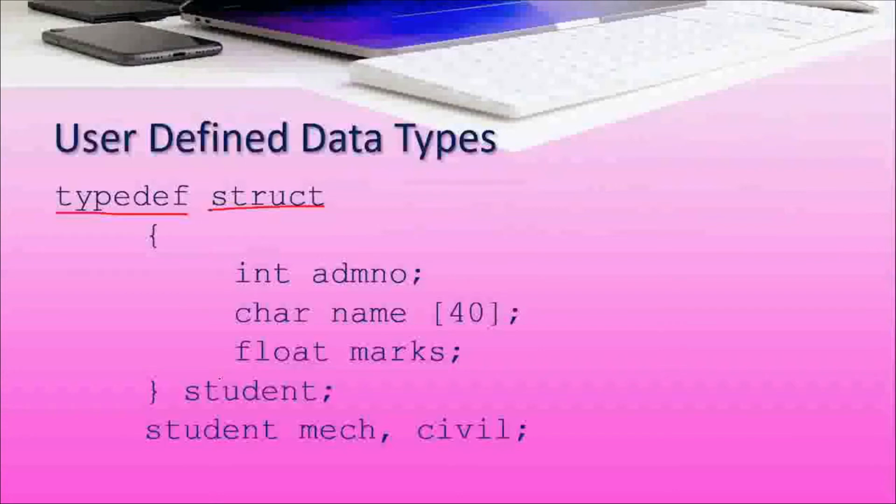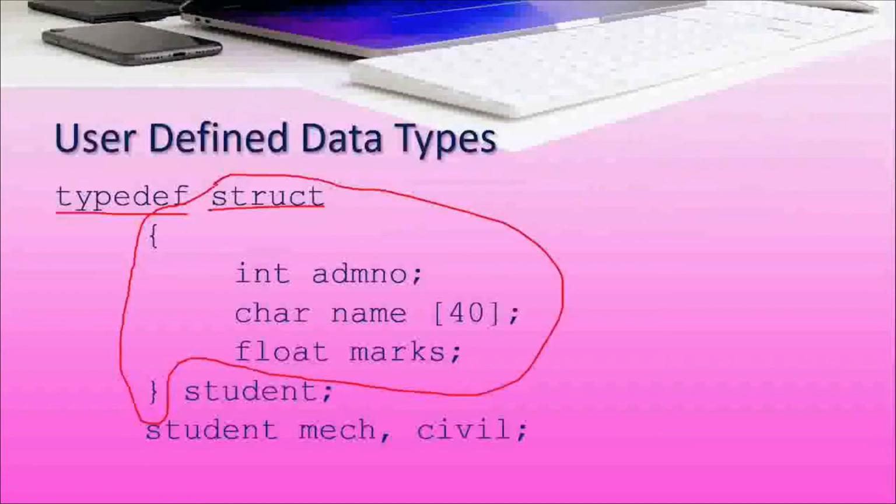But when you are using this typedef, there is a slight change in defining the structure. Struct is the keyword, then the elements within the structure, then the name for that particular structure type. Actually, what we are doing is renaming this particular structure as student.